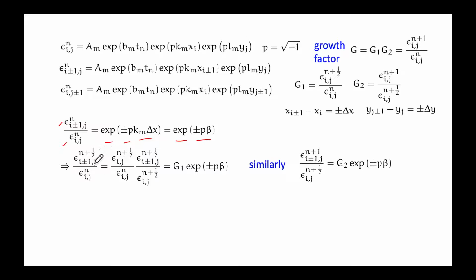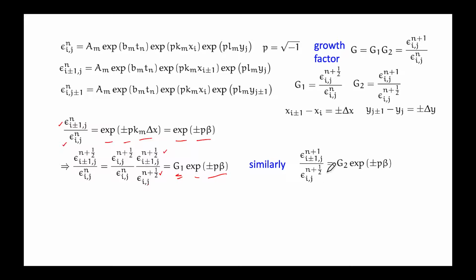Thus, if instead of n we go up to n plus half, epsilon_ij^(n+1/2) divided by epsilon_ij^n is part 1, and that gives us G1. In the second part, at n plus half, we go from i to i plus minus 1, so that gives us exponential plus minus i beta. So overall it comes as G1 exponential plus minus i beta.